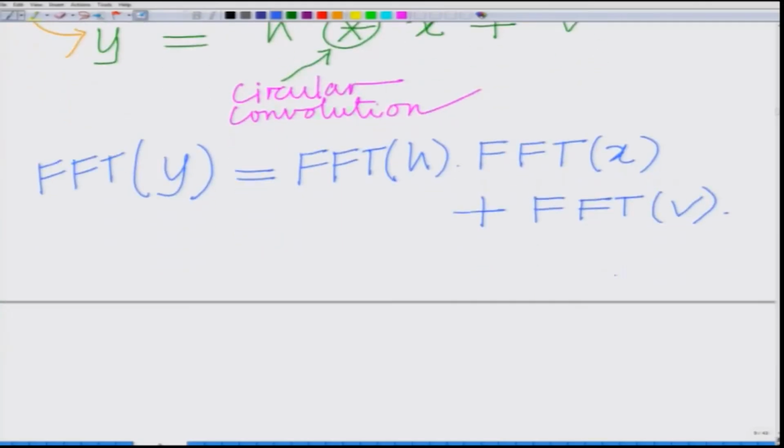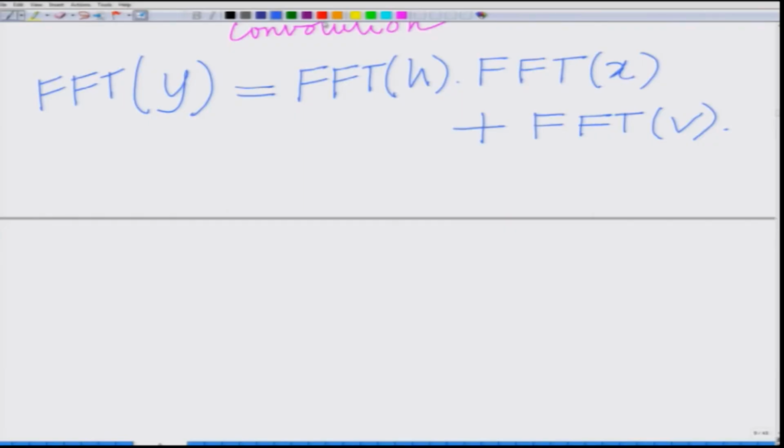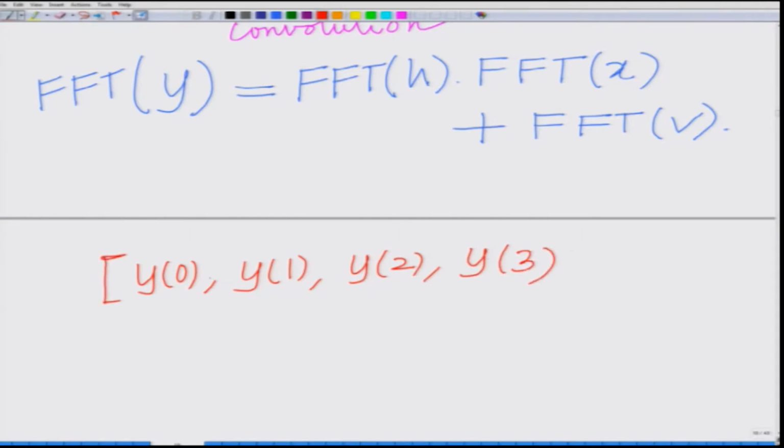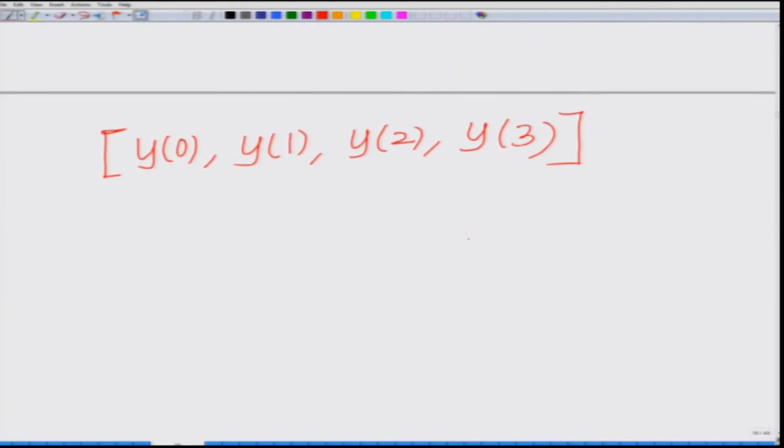And now let us see how you take the FFT. Of course, for the FFT of Y, you have samples y0, y1, y2, y3, so you take the FFT of these samples. Obviously, we are talking about the n equal to 4 point FFT, where n is the number of subcarriers.